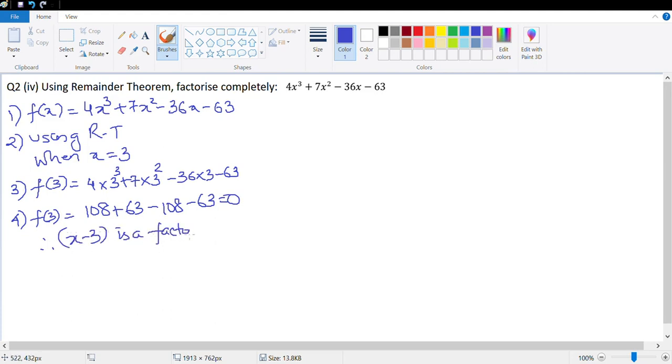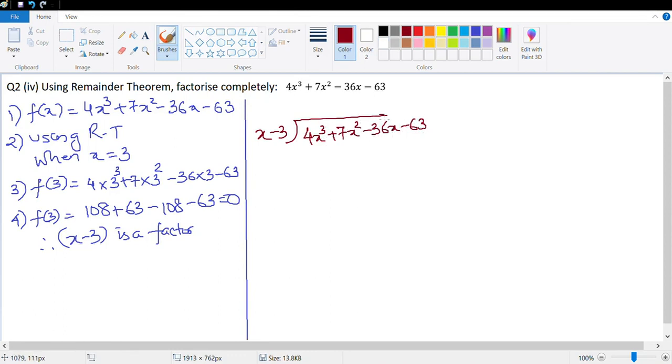So we figured out the first factor of the given expression. Now to divide. So let's divide by x minus 3, and we are dividing 4x cubed plus 7x squared minus 36x minus 63. So I'll have to multiply x with 4x squared. That gives me 4x cubed minus 12x squared.